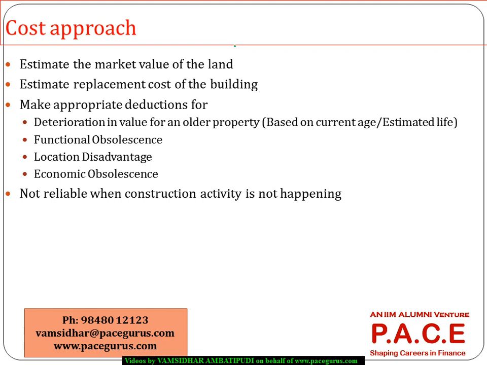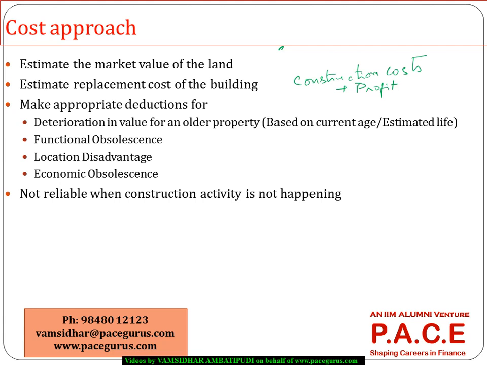If I am looking at today's construction costs, and including the profit, that is what I am calling the current replacement cost for the building. So estimate the replacement cost for the building, and along with that, if a new building has to be built, that is the cost.